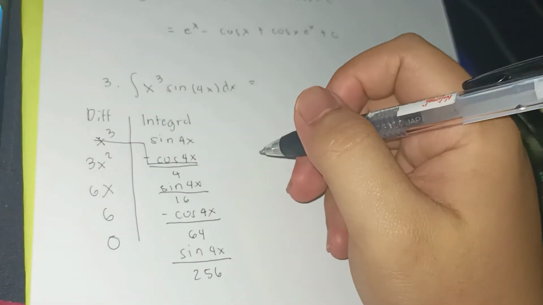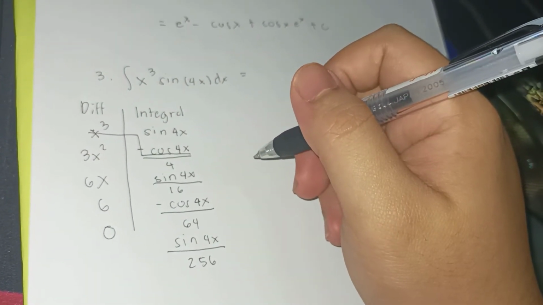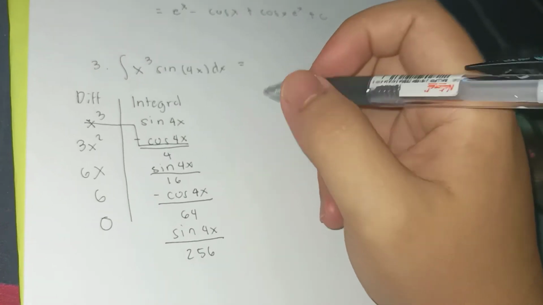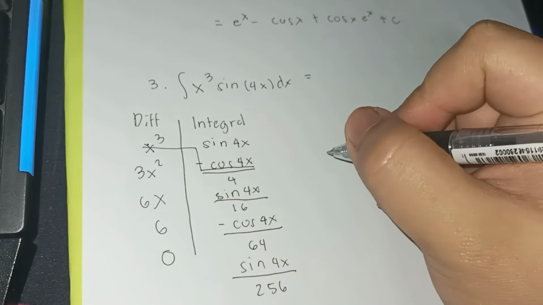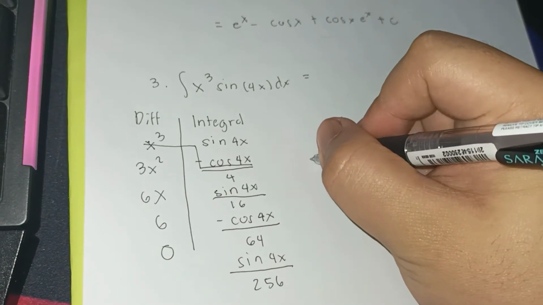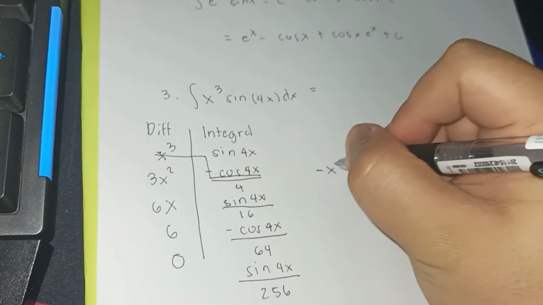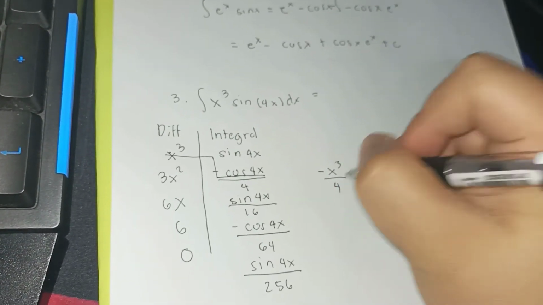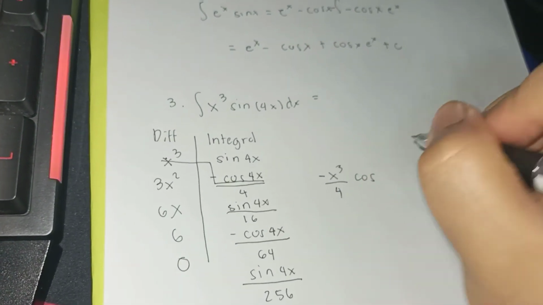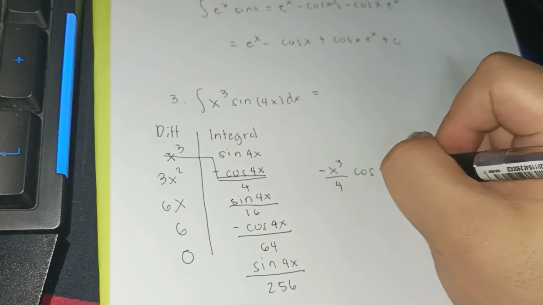3x times negative cosine 4x over 4, it will become negative x cubed over 4 cosine of 4x.